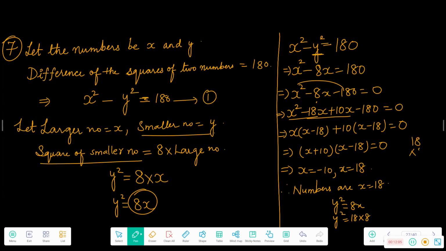So 8 times 18: 8 8s are 64, carry 2, 8 ones are 8, 144. So y square is equal to 144 and we will get the y value as root 144, and root 144 is 12. So x value is 18 and y value is 12.